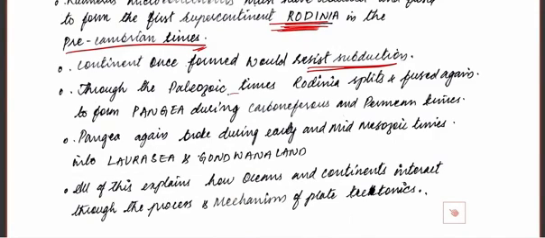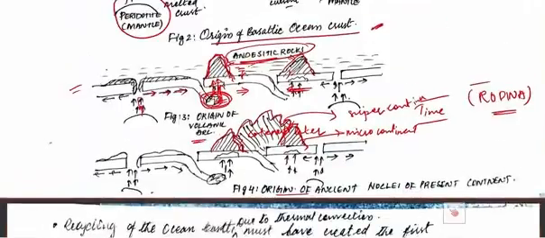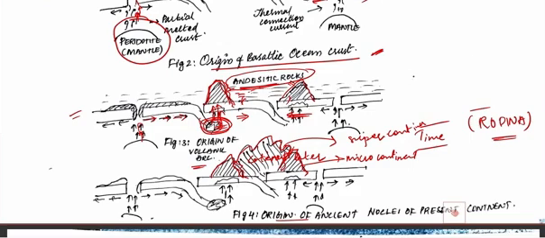Through the Paleozoic times, Rodinia splits and fuses again to form Pangaea. So what happened is these small islands or microcontinents, I can say.